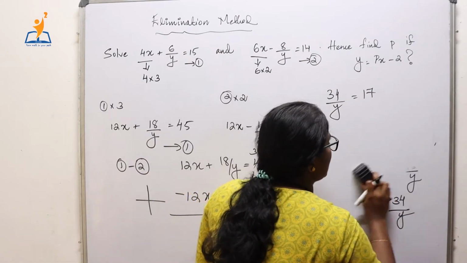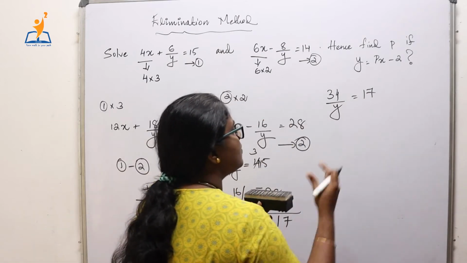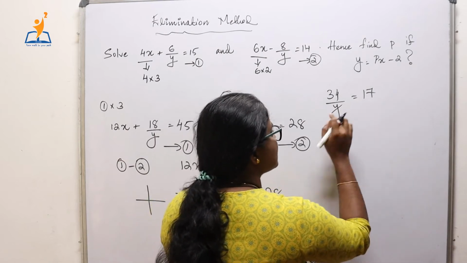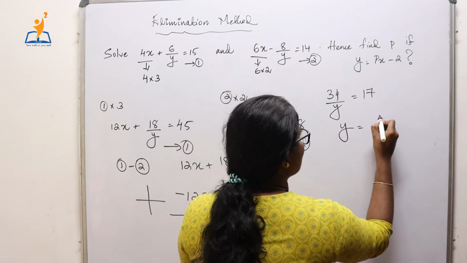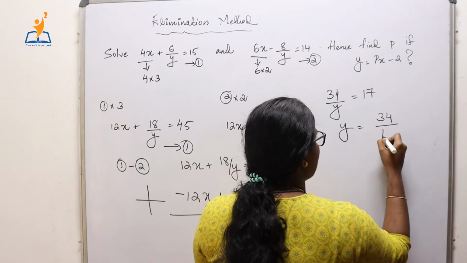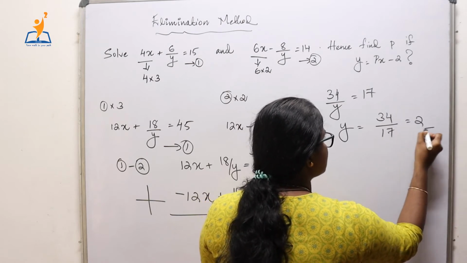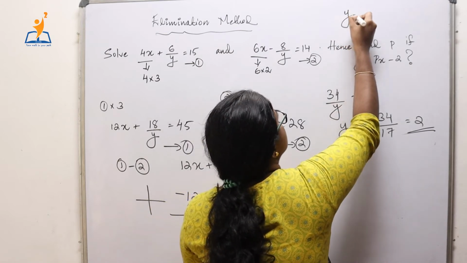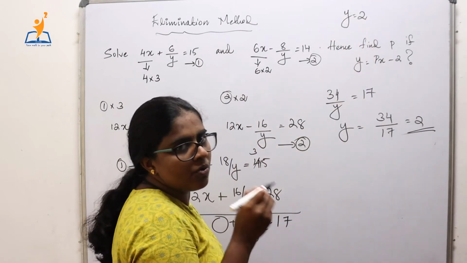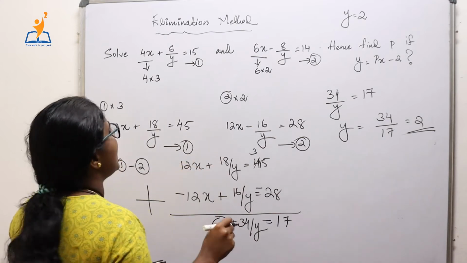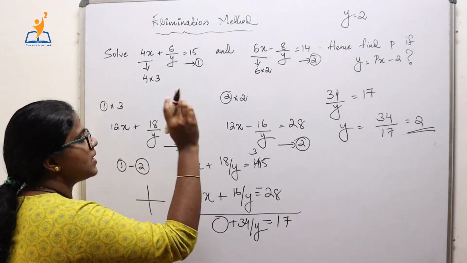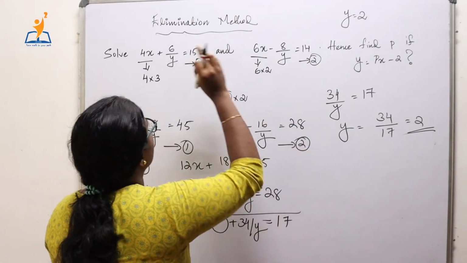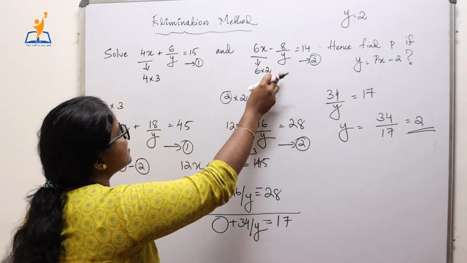Now how will we find the value of y? We take y to one side and 17 to the other, so y is equal to 34 by 17, that is equal to 2. So we got y is equal to 2. Now we have to find the value of x. We can substitute the value of y either in this equation or in this equation.